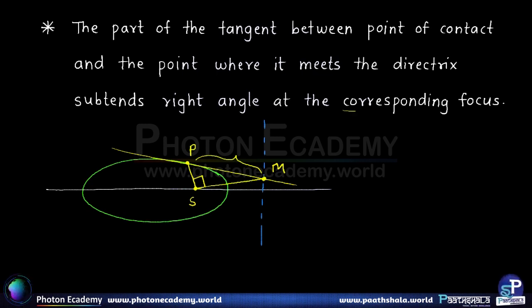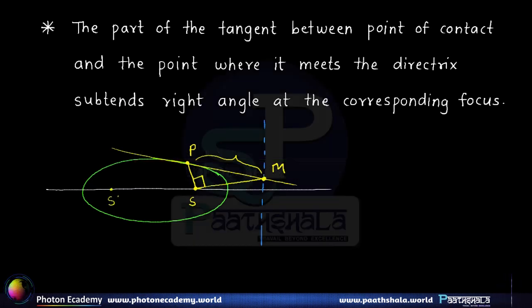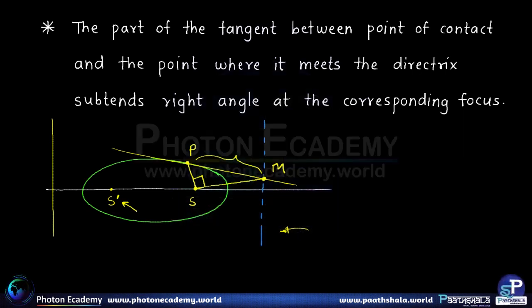The reason they say corresponding is that if you consider the second focus, the angle made by the same part will not be a right angle, because we are considering the directrix on the right side. If you want the angle subtended at S1 or S dash to be a right angle, then we'll have to consider the directrix on the left side and the tangent which also meets the left directrix.